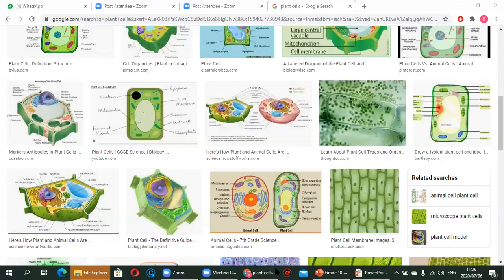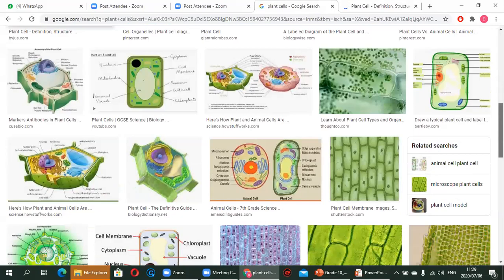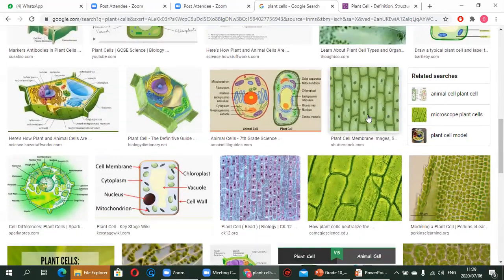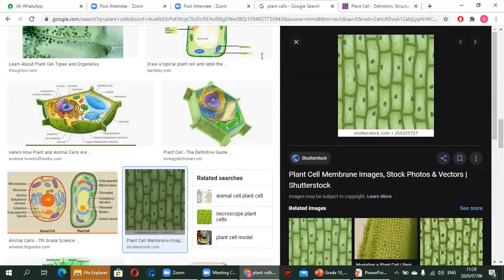Can you see my screen now? This is what I wanted to show you. Do you see this image here that I've opened?